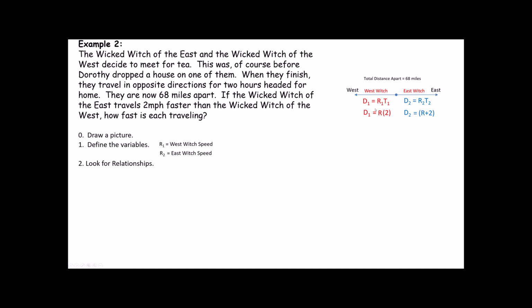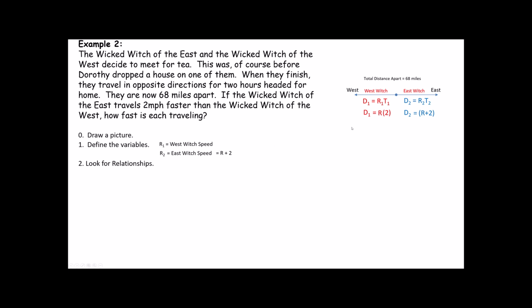Notice that if the Wicked Witch of the West is going R or R1, instead of keeping this as R2, I went ahead and rewrote it as R plus 2. Now this might be a little bit of a cheat on my part. Notice down here I've said R2 is the East Witch's speed, but then I wrote it equals R plus 2.